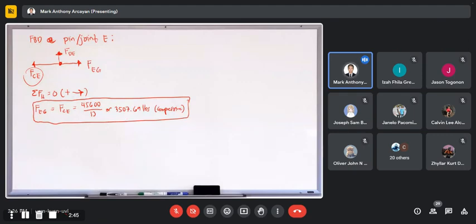Okay? Now, for our FDE, wala may laing mga vertical forces. So if we take summation of forces vertical is equal to 0, positive kung pataas, we have FDE is equal to 0. Pasabot, wala siya i-resist kay sa kani nga pin, wala may lain nga given nga vertical force other than FDE.